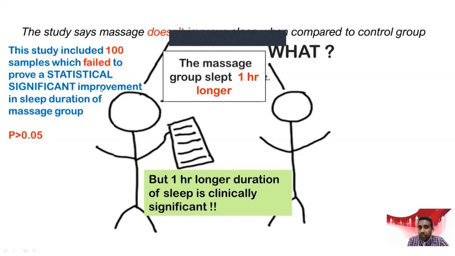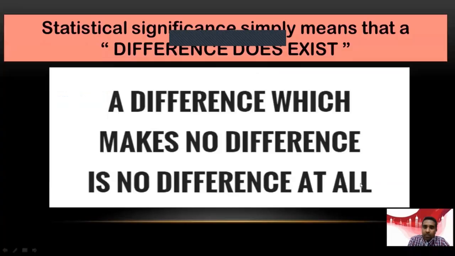In that case, the sample size is inadequate to prove the real effect, or I can say the study is underpowered. So this is a classical example of why you need a sample size determination to prove a real clinical effect. Okay.